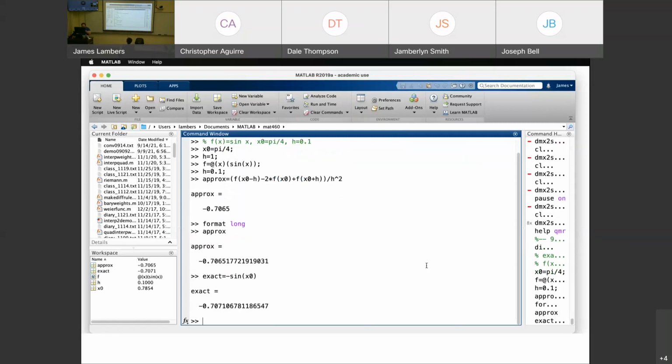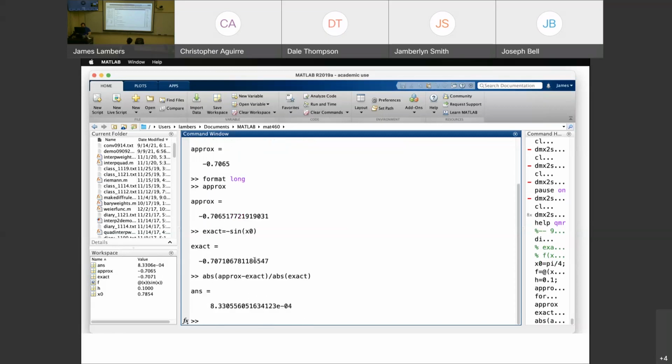Okay. And we see here, well, they somewhat agree. So let's look at the error. Okay. So the relative error, I might add, is on the order of 10 to the minus 4. So that's pretty good.